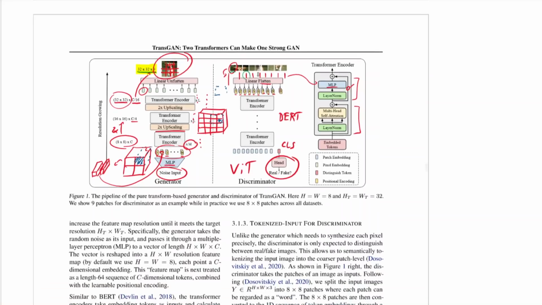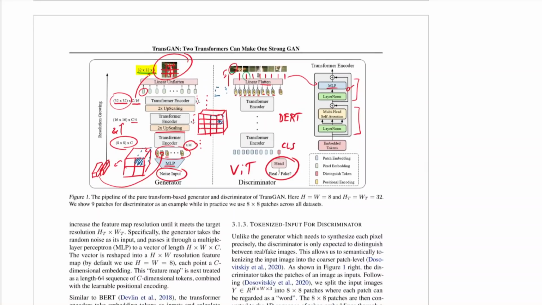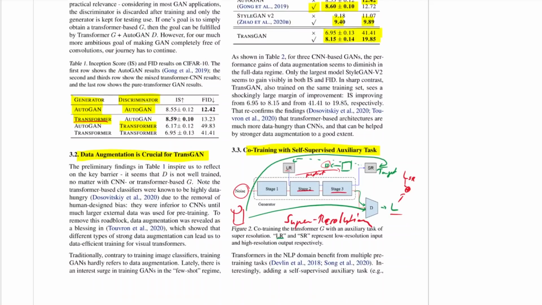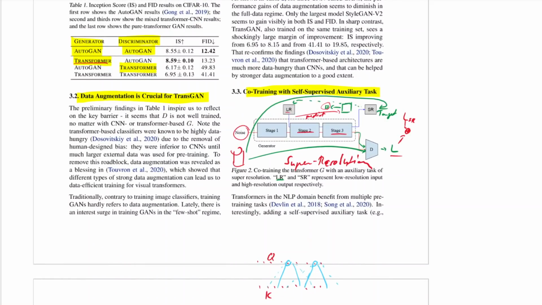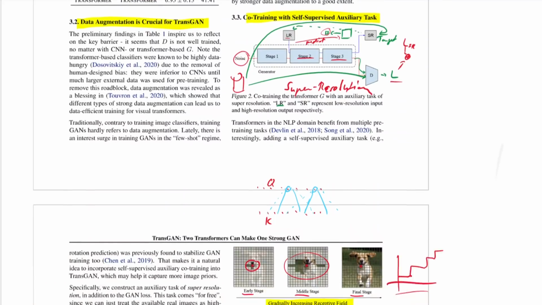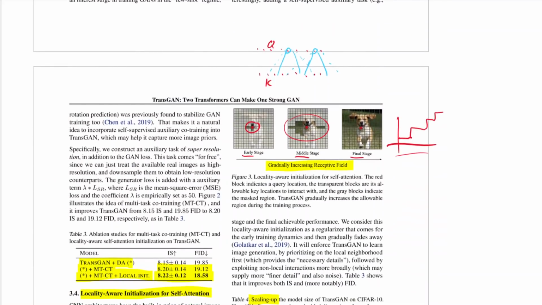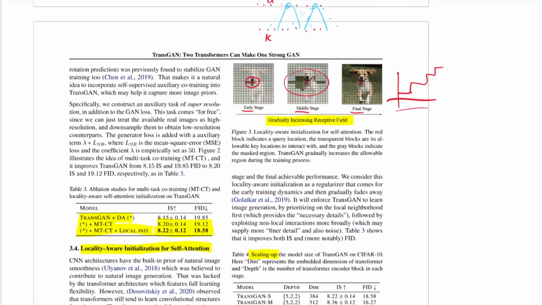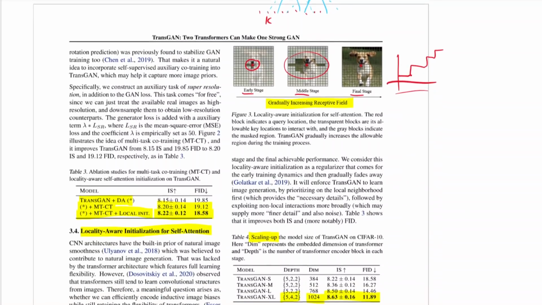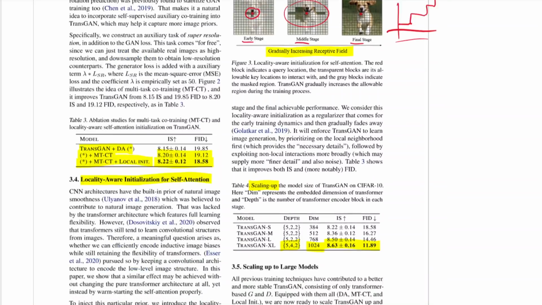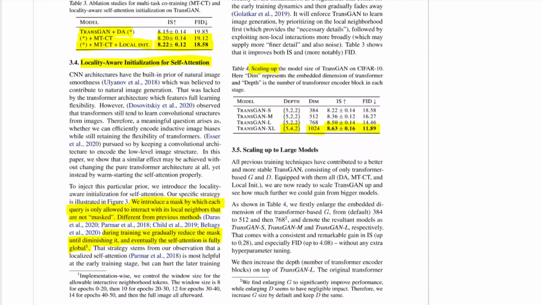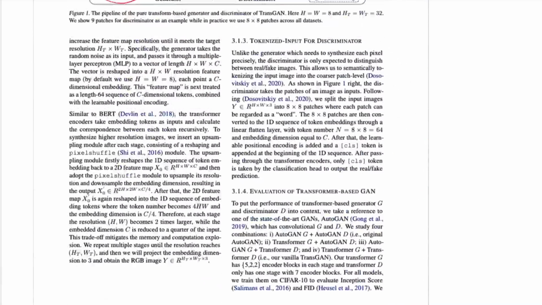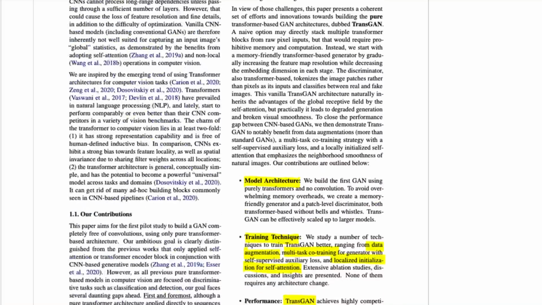The ViT discriminator, then they present 3 tricks to make that work. It's data augmentation, it's a super resolution task as a co-training task, and it's this locality-aware initialization for the attention, with the decreasing schedule over training. And finally, they scale that model up, and that gives them a pretty well performing GAN.